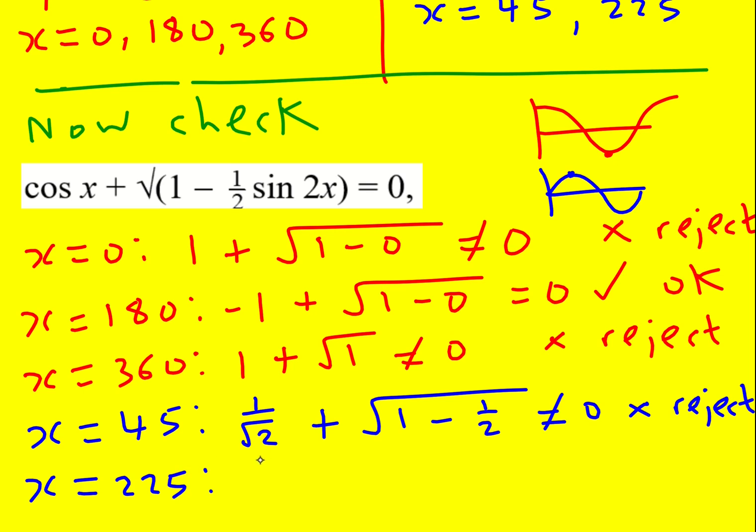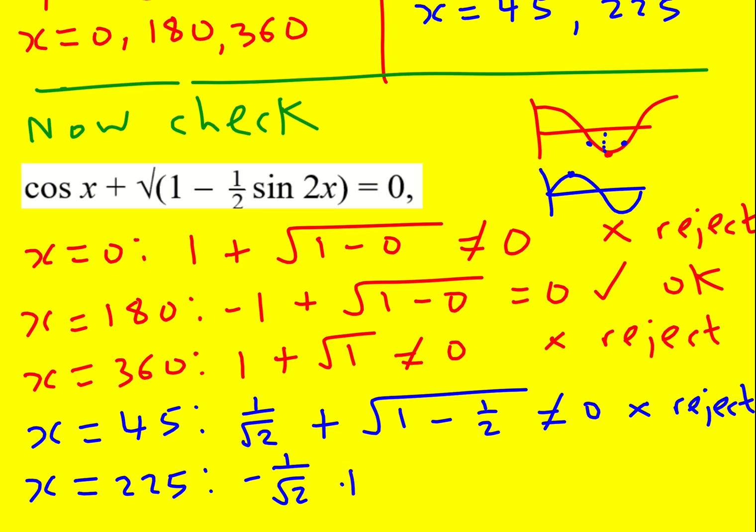x equals 225. Now we've got cos of 225. If you look at the symmetry, you see it's just going to be the same as this one here if you went 45 degrees to the left of 180, which is just the negative, so it's minus 1 over root 2. Make sure that as well as learning 30, 45, 60, 90 and 0, you learn how you can get ones like this as well.